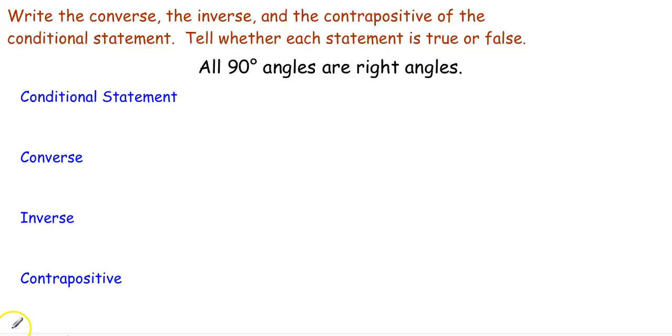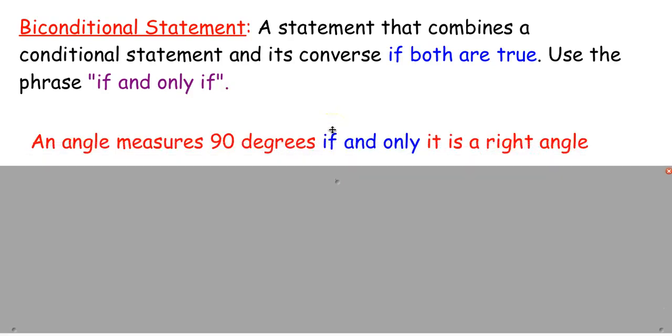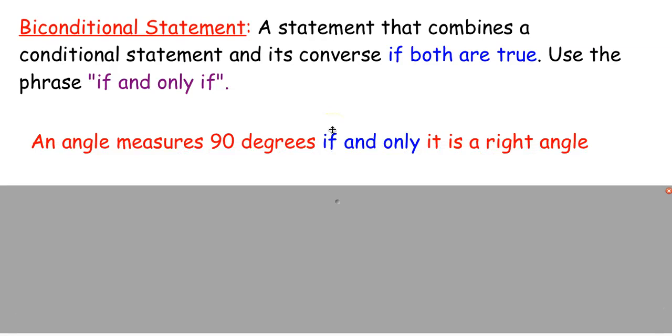But then the last thing I want to talk about is this biconditional statement. So a biconditional statement is a statement that combines a conditional statement and its converse if both are true. These use the phrase if and only if. So here I could say an angle measures 90 degrees if and only if it is a right angle.